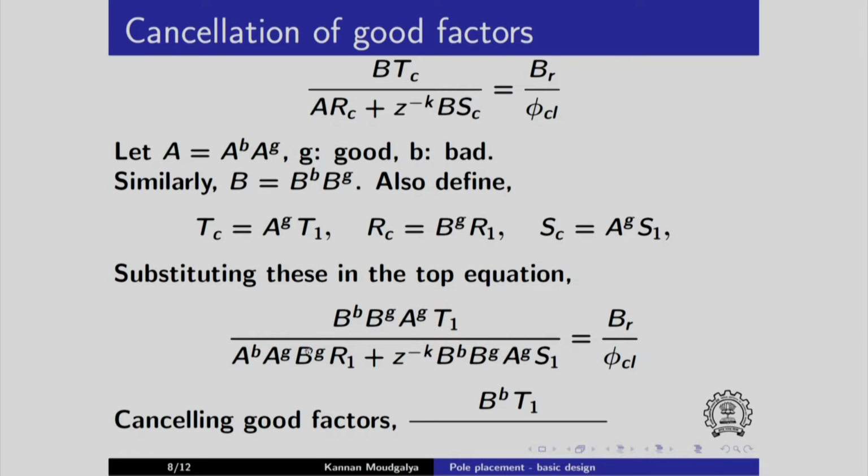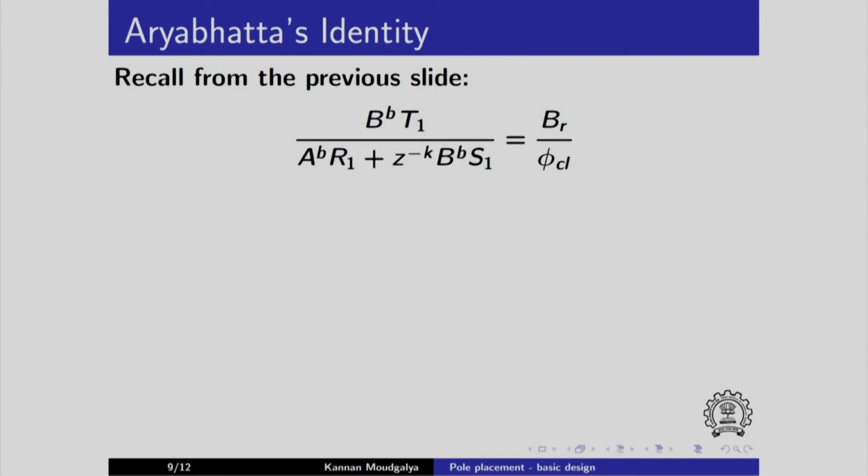This BG will cancel this BG and this BG. This AG will cancel this AG and this AG. So we have AB R1 and z power minus k times BB into S1 equals BR by phi CL. Now we will resort to the familiar Aryabhata's identity.